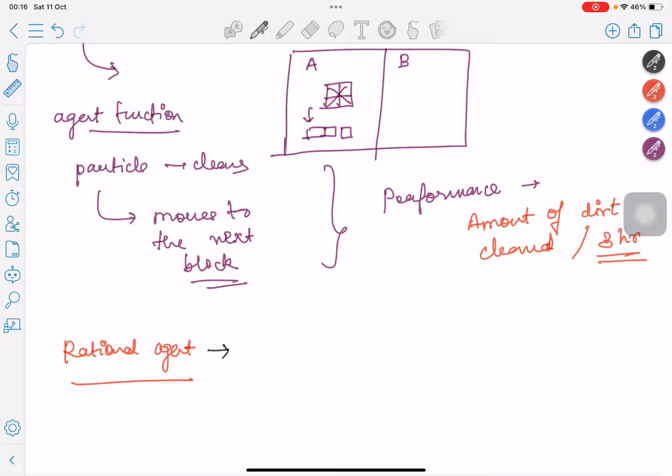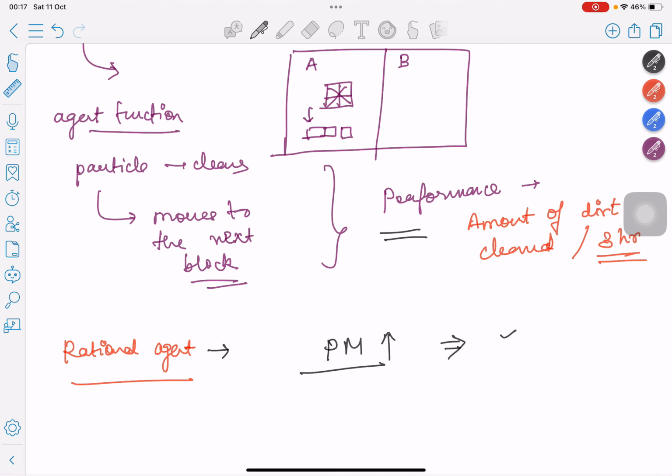To maximize the amount of dirt cleaned per 8 hours, it will just dump all the dirt particles onto the ground and then clean them up again. So in 8 hours the amount of dirt cleaned will go up, and that's how the performance measure will indicate that the AI agent has done a lot of work. But is it the right thing? I think it's not. That's not how an AI agent or any other kind of agent should work.